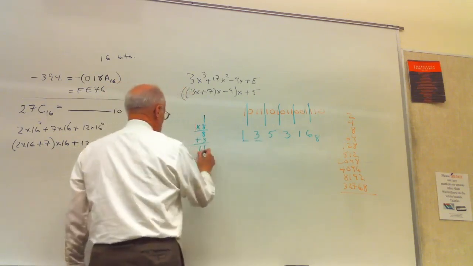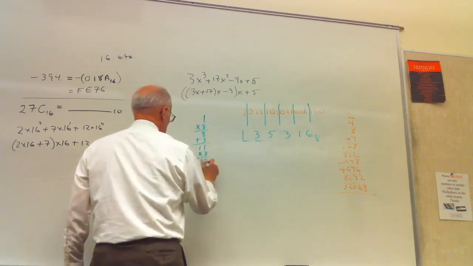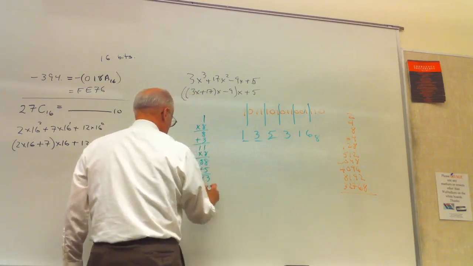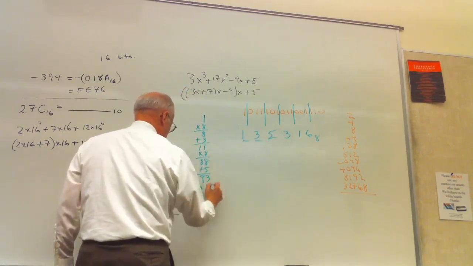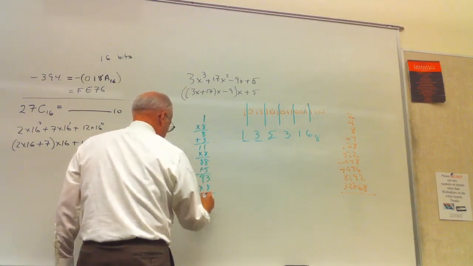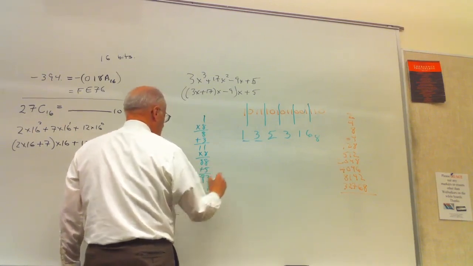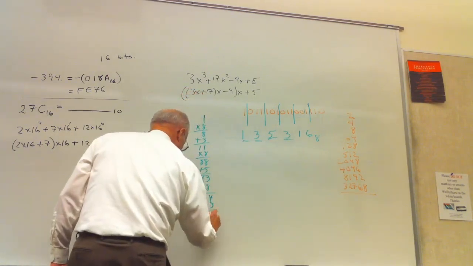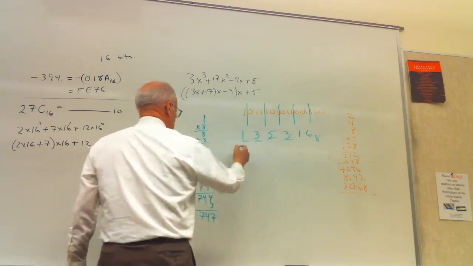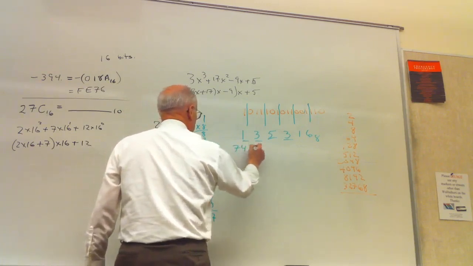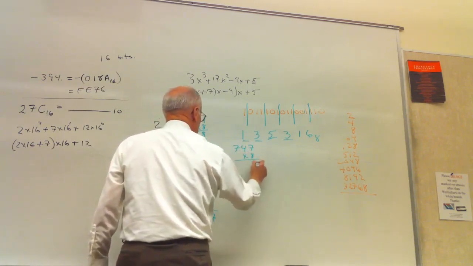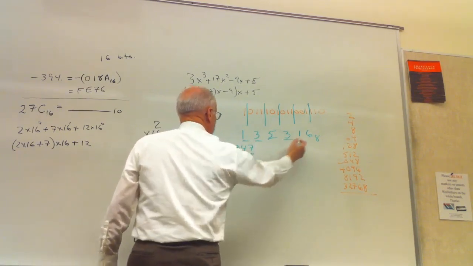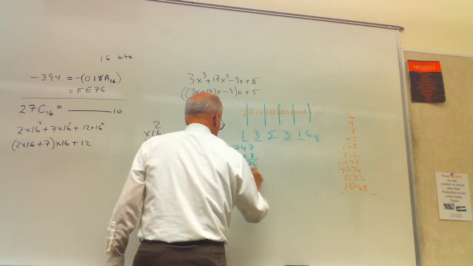Okay, we got those two done. Multiply by the base, add the next digit. Multiply by the base, 4, add the next digit. Okay, let's see, we're at 747, multiply by the base, 56, 59, add the next digit.